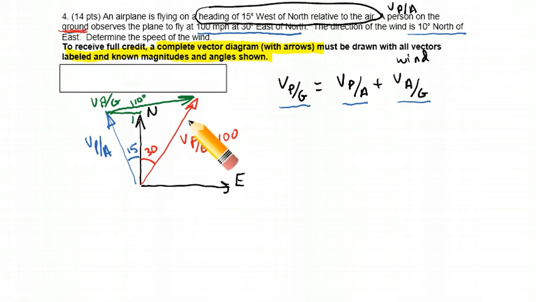And then we know the direction of the green vector. So we've got a lot of information about angles, and one side of our vector triangle addition. So let's see how we can finish this off. We want to determine the speed of the wind, so we want to determine the magnitude of the air with respect to the ground, the length of this green vector here.